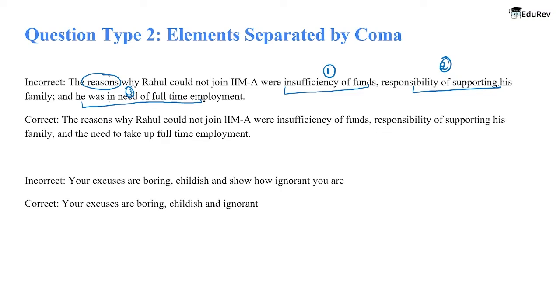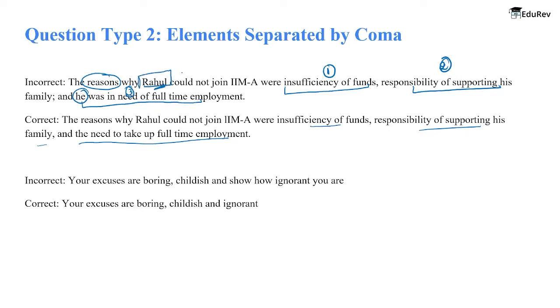Now if we see the correct statement, the reasons why Rahul could not join IIMA were insufficiency of funds, responsibility of supporting his family, and the need to take up full-time employment. Do you think he is required here?